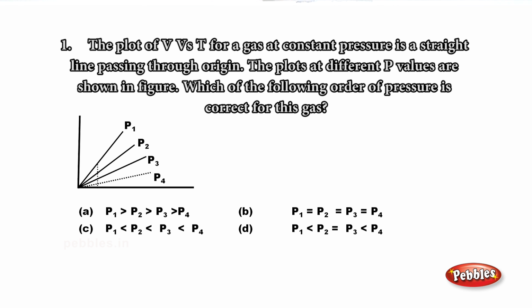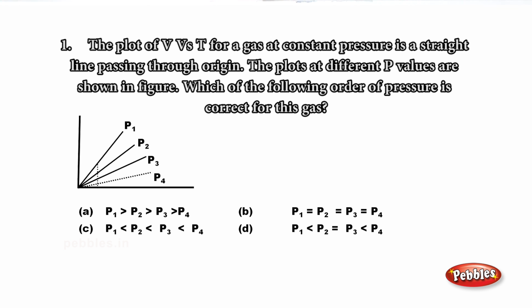Which of the following orders is correct for the gas? There are 4 orders mentioned: pressure is greater than, or pressure is less than, or pressures are equal, or only 2 pressures are equal. Some conditions are given, and the figure is also given.